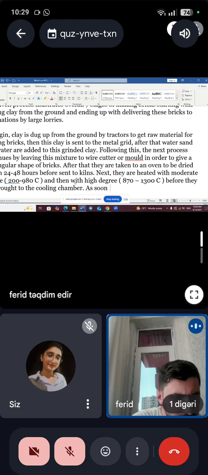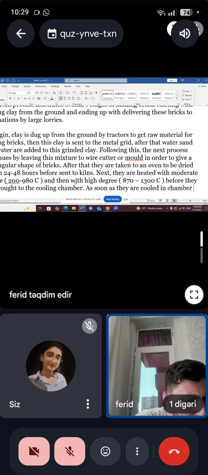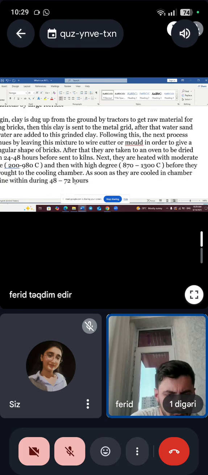As soon as they are cooled in chamber machine within 48 to 72 hours, they are packaged.